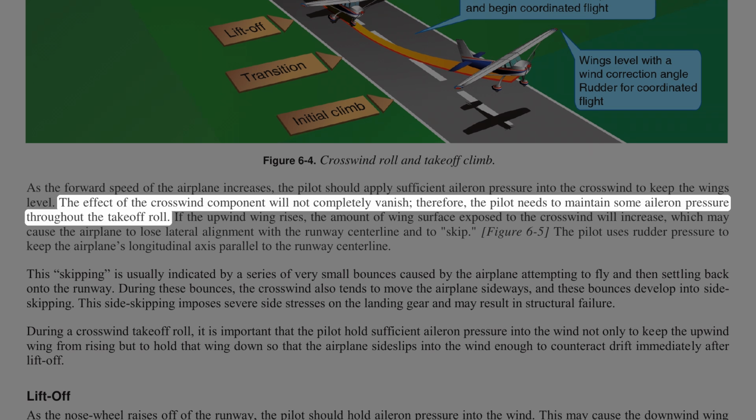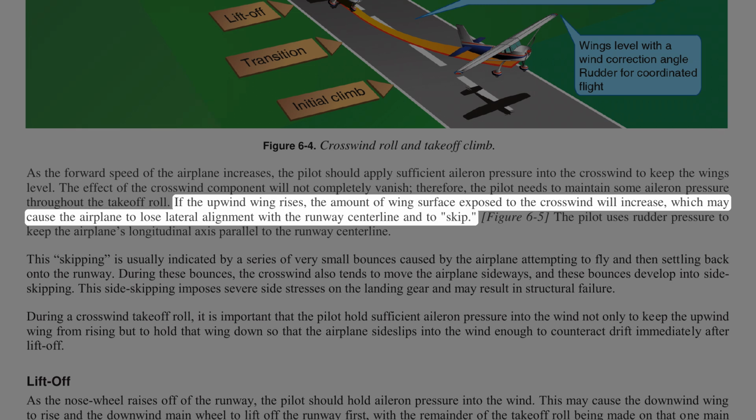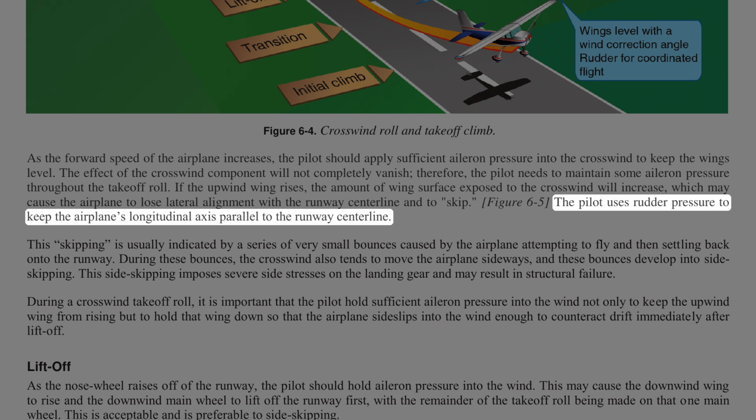The effect of the crosswind component will not completely vanish, therefore, the pilot needs to maintain some aileron pressure throughout the takeoff roll. If the upwind wing rises, the amount of wing surface exposed to the crosswind will increase, which may cause the airplane to lose lateral alignment with the runway centerline and to skip. The pilot uses rudder pressure to keep the airplane's longitudinal axis parallel to the runway centerline.